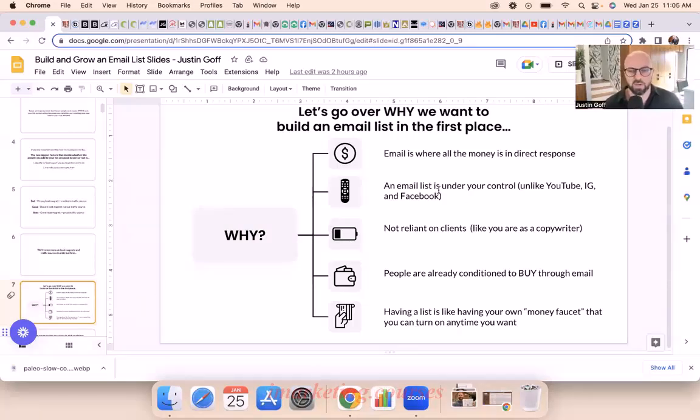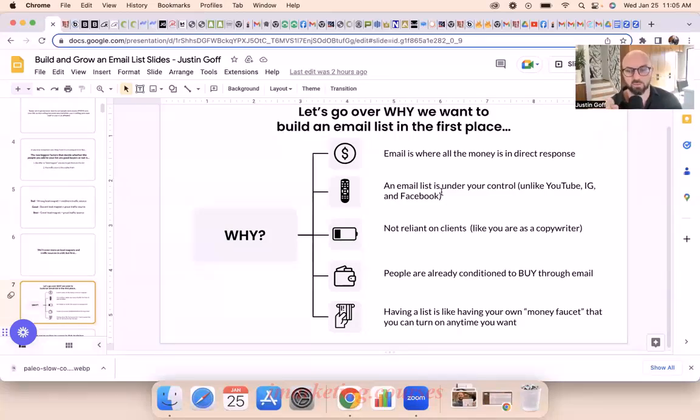So this is why we want to have an email list. It's under your control. And this is a big thing with everything going on now with people being deplatformed on YouTube, Instagram, and Facebook. You don't actually control the people that follow you on those platforms. They could easily take that away at any second and you're left with nothing.